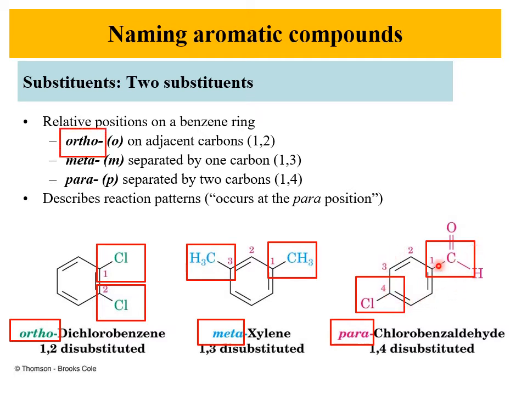To start numbering, you have to put number 1 at the parent, so here will be number 1, 2, 3, 4. The next substituent is located at carbon number 4. Because it is a 1,4 substituent, it is called para-chlorobenzaldehyde.